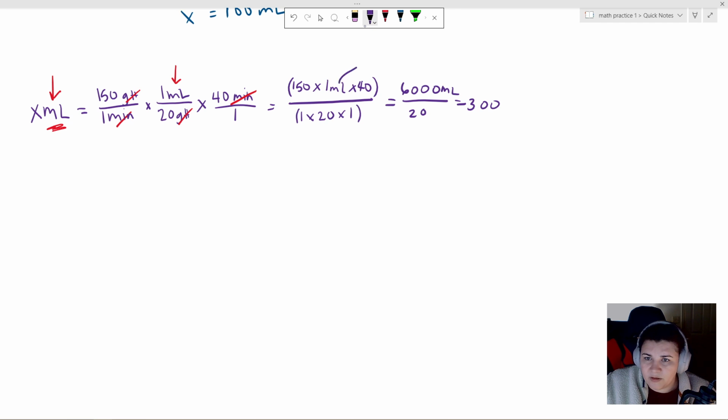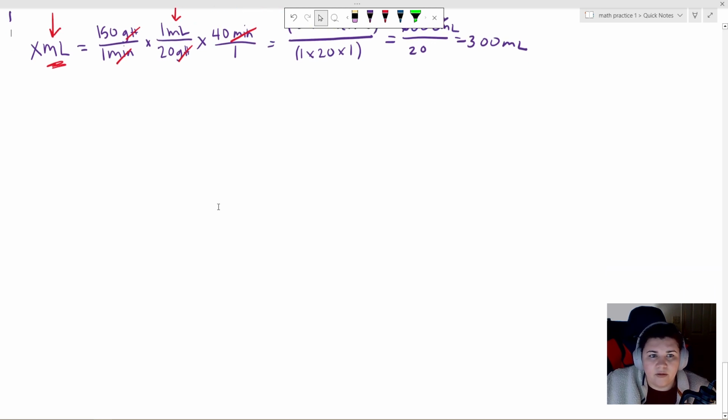Remember, because we have the milliliters, 300 mL. So that's the fluid volume in milliliters after 40 minutes. Okay. So we'll go on to number 2.